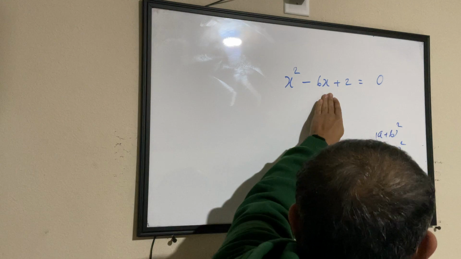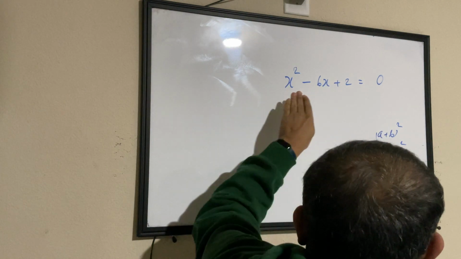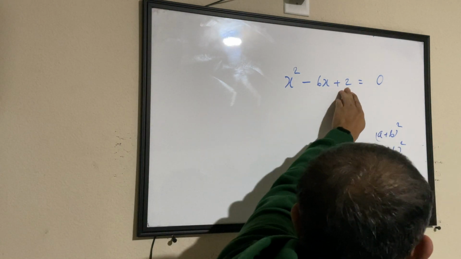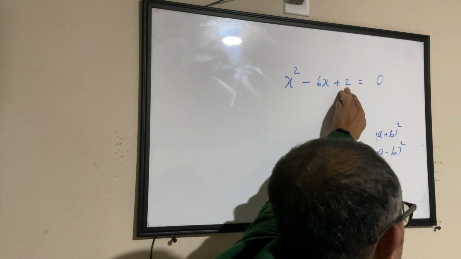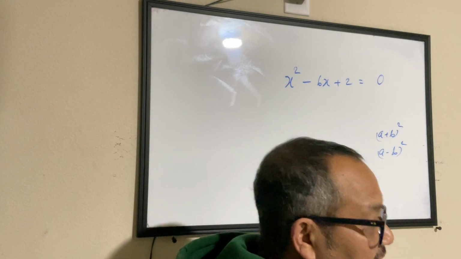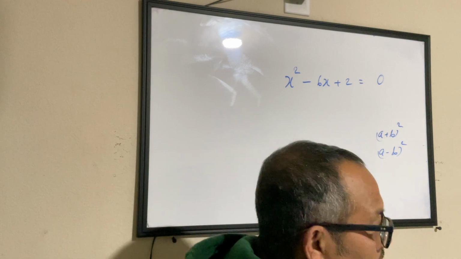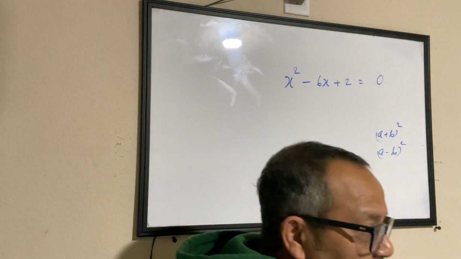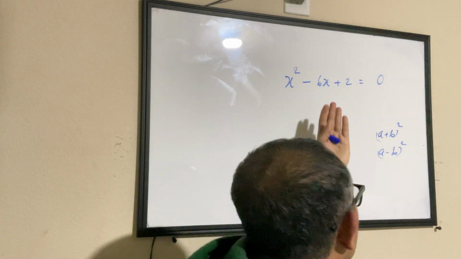If you look at this situation, I have x squared minus 6x plus 2. This is not a given square situation. We have to manipulate it in a way that it becomes a square.